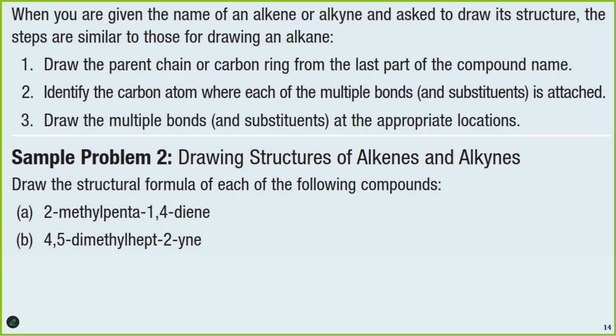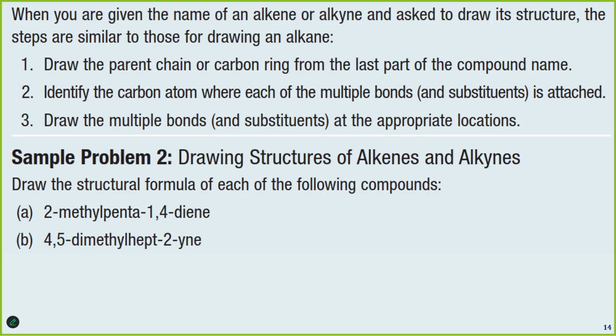Okay, if not, let's have a look at how to draw the structure of alkenes or alkynes. When we are given the name of an alkene or alkyne and asked to draw a structure, the steps are similar to those for drawing an alkane. You can simply follow the following procedures.